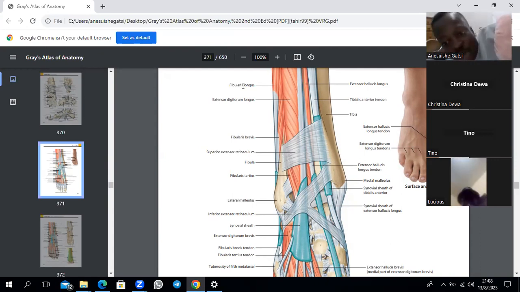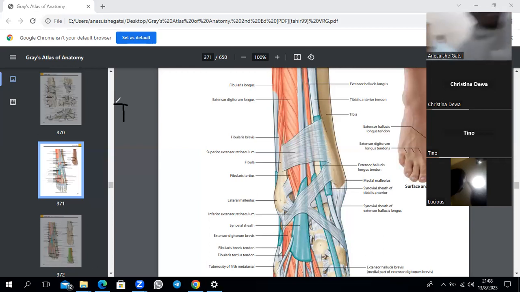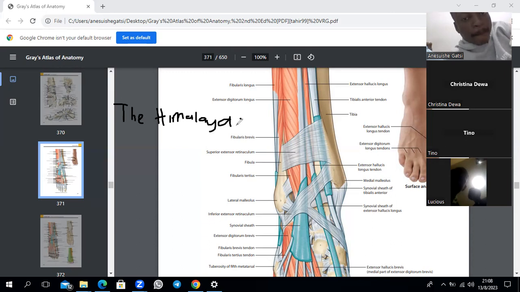So there are mnemonics that work to tell you the arrangement of structures. So I'm using my left. Let me change so that I can write properly. So the mnemonic for arrangement of structures below the extensor retinaculum is the Himalayas. Are not dry plateaus.